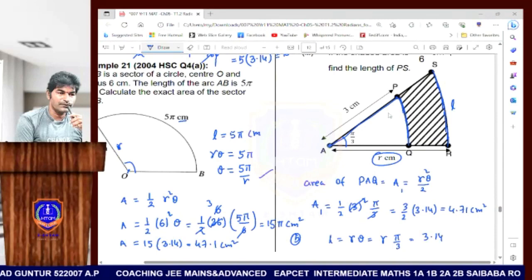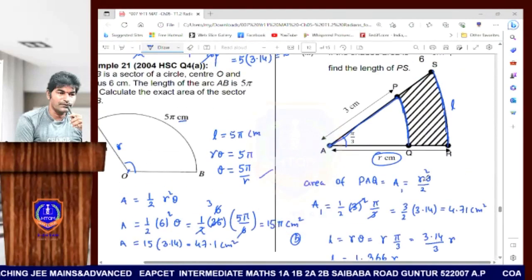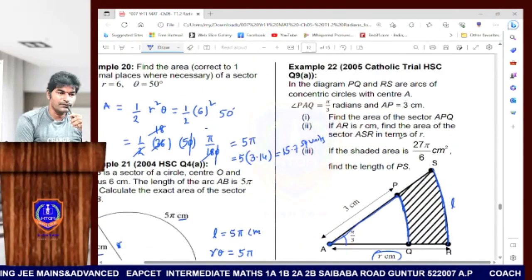Pi by 3 is nothing but 3.14 by 3 into R. I replaced pi with 3.14. Now tell me what L equals in terms of R. It will be 1.046 R. So this is the arc length of ASR.